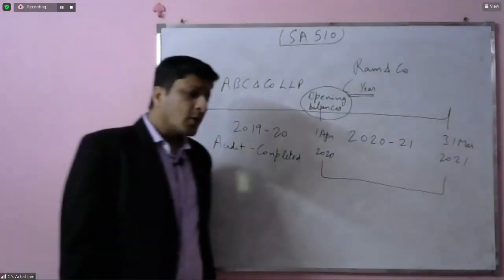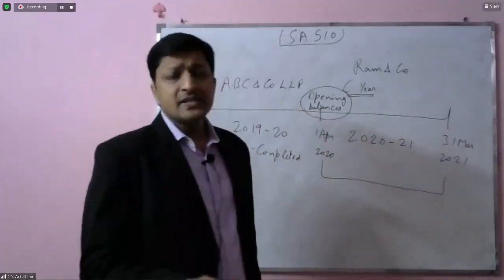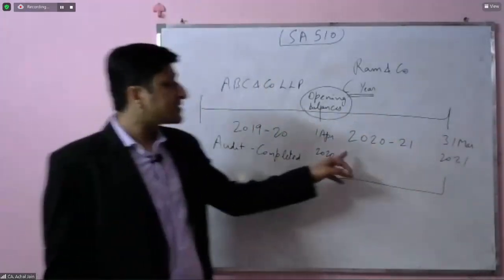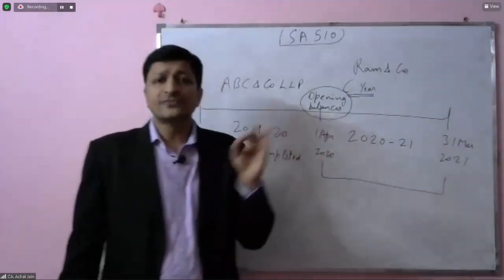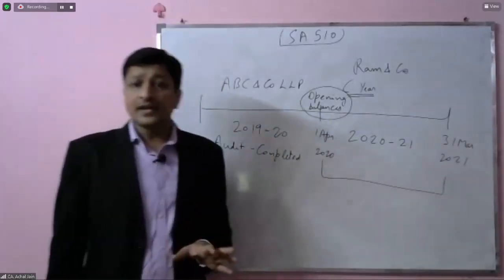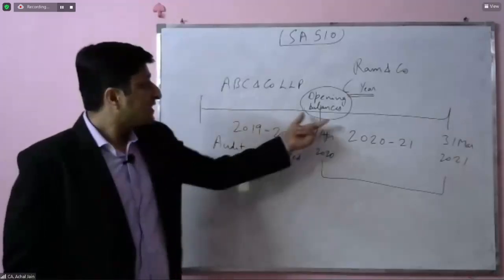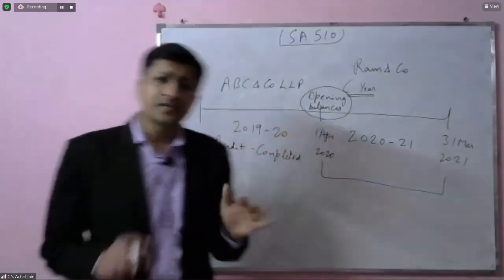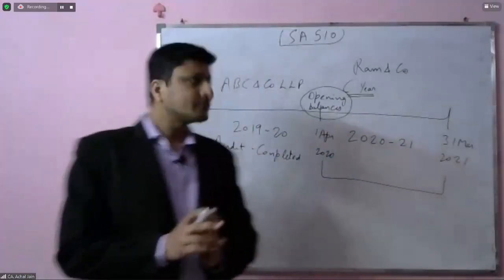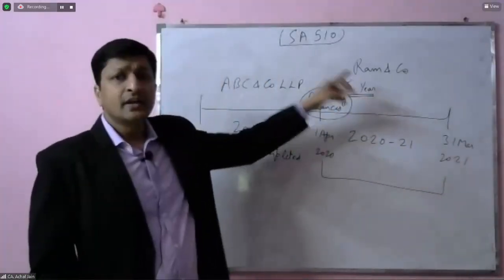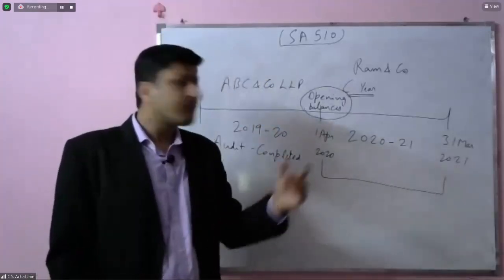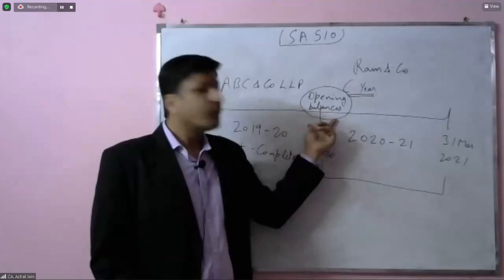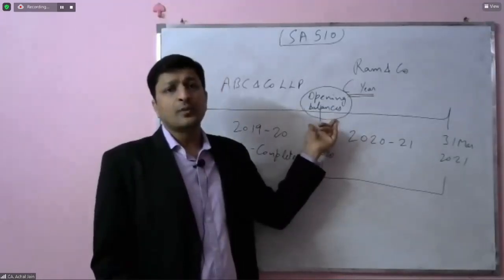Now, because Ram and Company has become the auditor, and because he will be expressing an opinion in relation to this financial year, even if these opening balances were in a way audited by the predecessor auditor, still Ram and Company would be held responsible for any of the transactions and balances which move forward in relation to these opening balances.